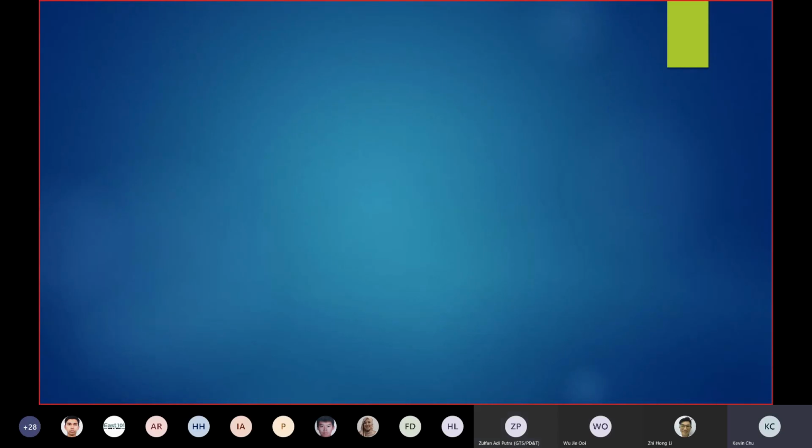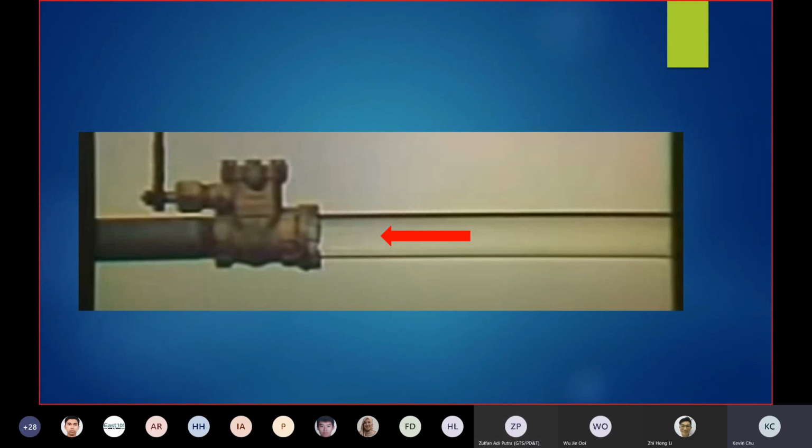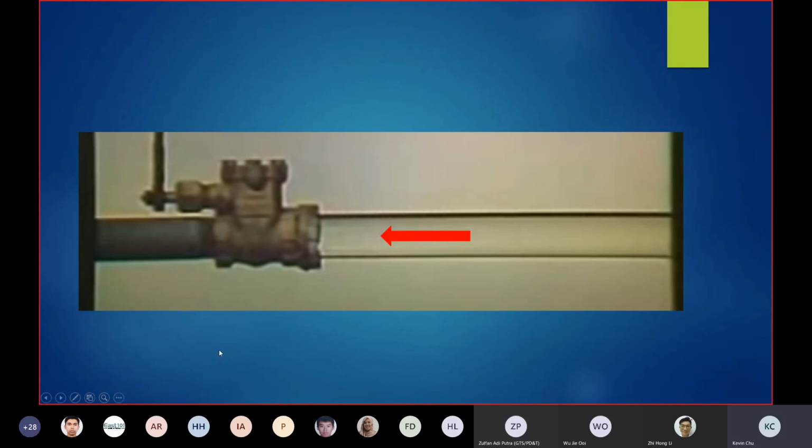So from the previous video, initially the valve is open and the water is moving from the right to the left across the valve.